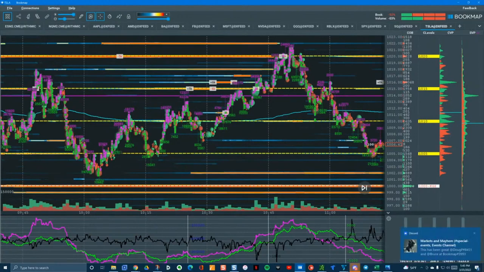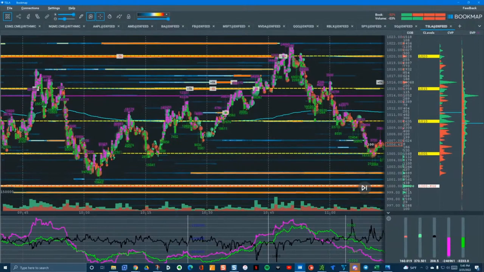I look at, and you can see it in a lot of my posts for stocks that I'm pointing out, the absorption and the sweeps at reversal points.